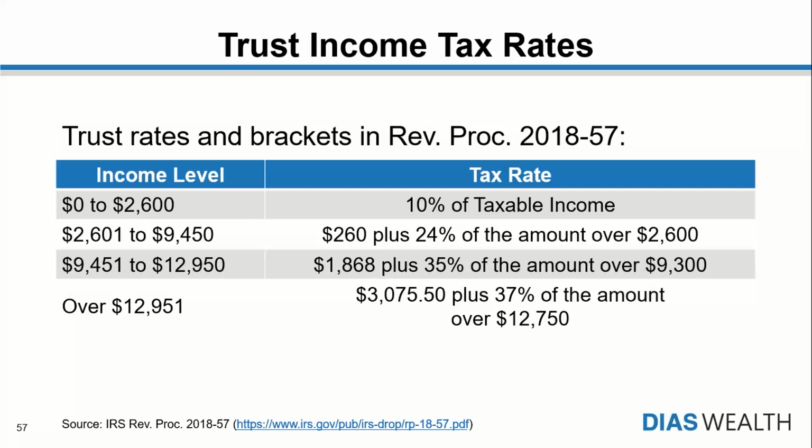Essentially the client will pay 30%, 37% on that income. The workaround, obviously using the annuity, is that since the interest is deferred, it's not like a dividend or anything else coming from a mutual fund. It's able to be retained and you have a lot more control. That's the whole idea behind these, the Medicare Part B premiums and the trust income tax rates. There's a lot more control with the annuity.